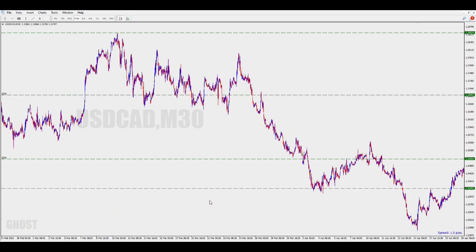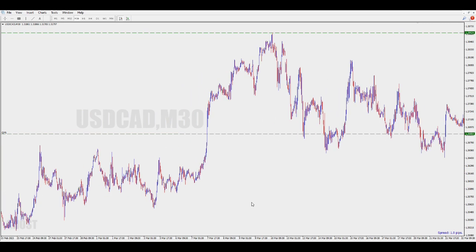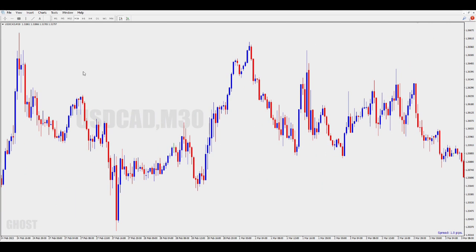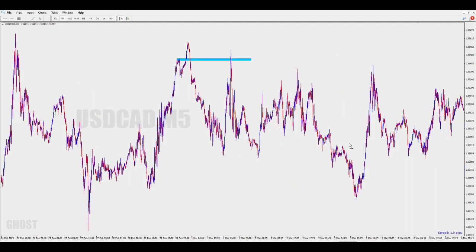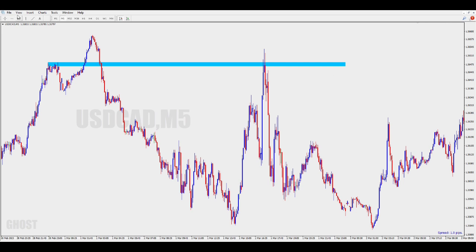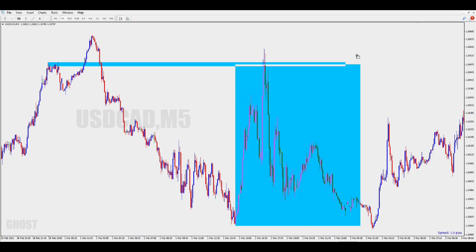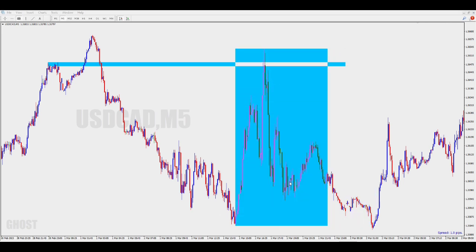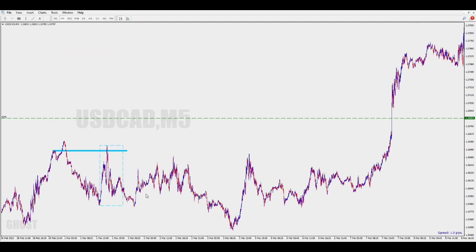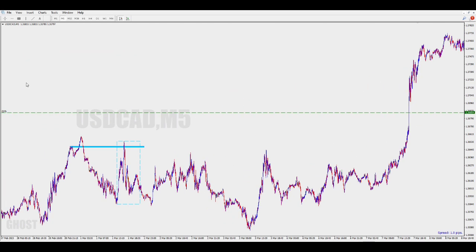Let's look at another example. Let's see here. I see a QM that worked. Let's look into the lower time frame. Okay, so then we have this as our area, right? I know it's a big area, but what can you do about it?